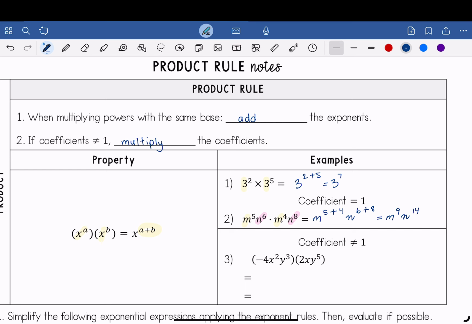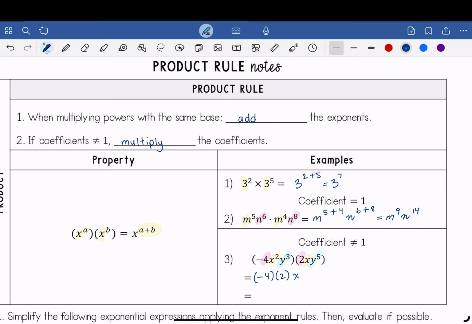Now, if the coefficient of the term is something other than 1, so it's not equal to 1, for example, in example 3, we have -4 and 2. We have x and we have y. So we're going to multiply. If coefficients are not 1, you will multiply the coefficients. So -4 times 2.